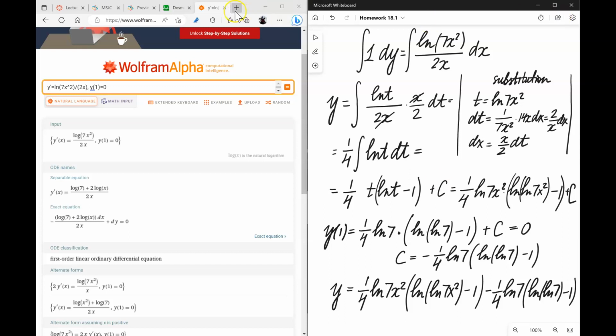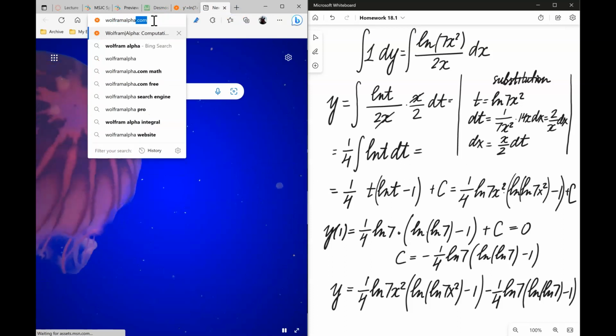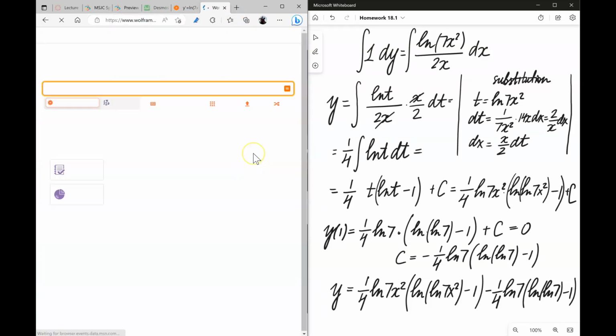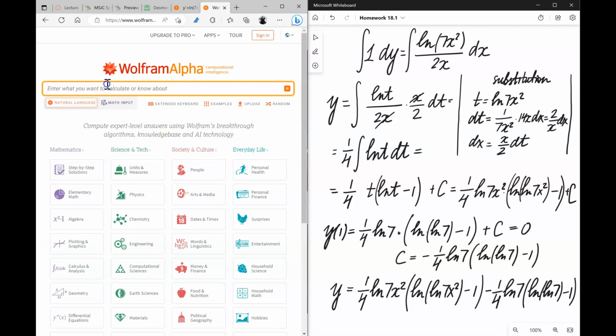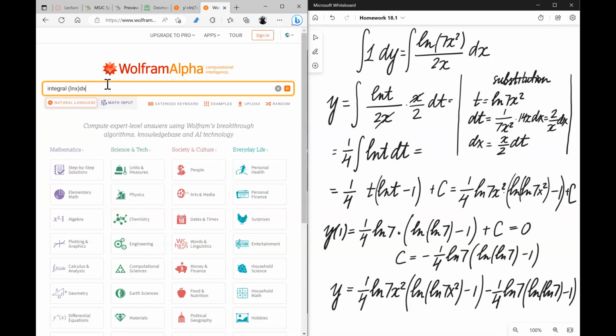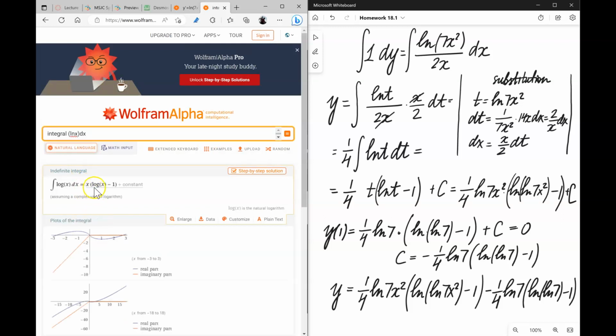I'm going to check because I also made an assumption that I know the integral of ln t. So let's check that one. So it was correct.